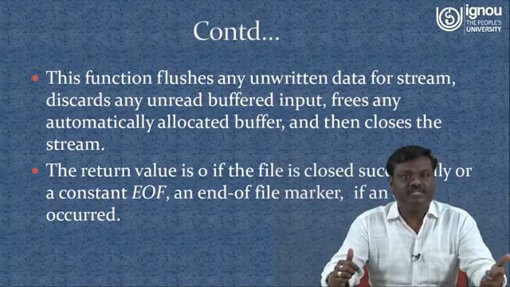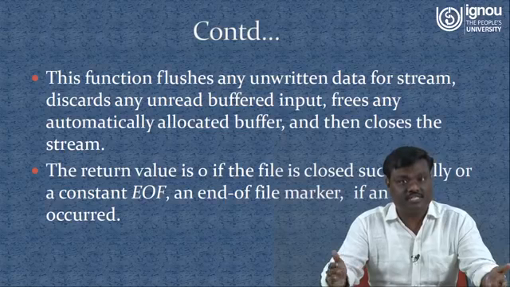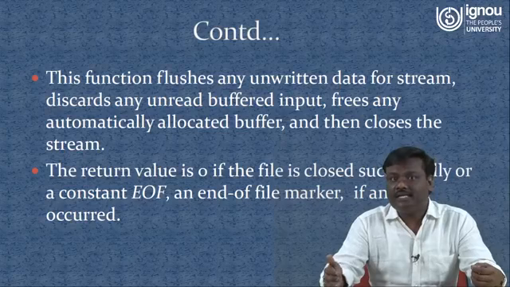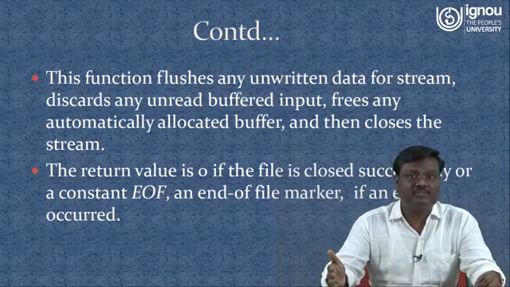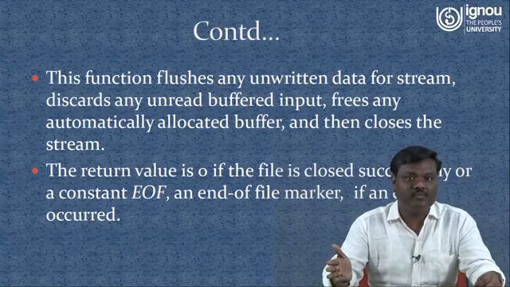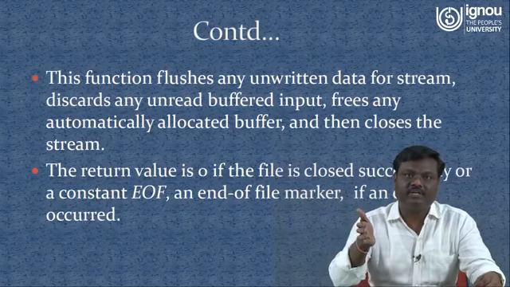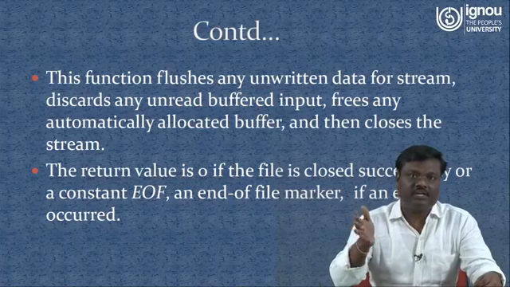The return value is 0 if the file is closed successfully, otherwise if there is any kind of error it will be indicated. And what is the file marker? EOF is the file marker for any file. So for F1 also EOF will be there, that is the delimiter of the file that we are about to close.